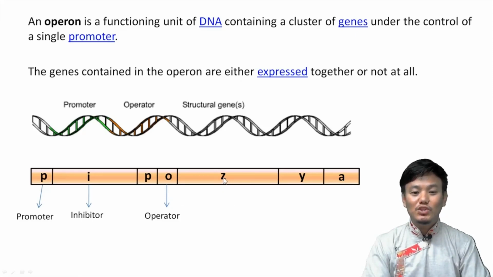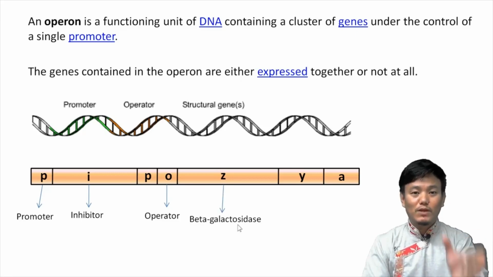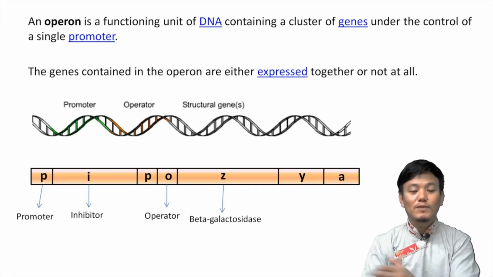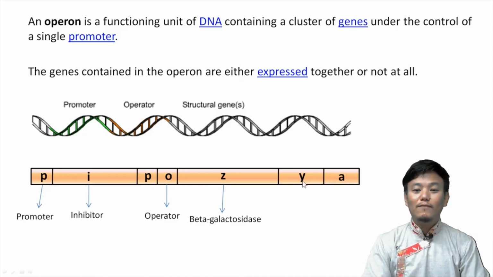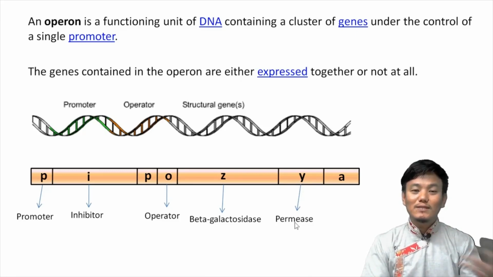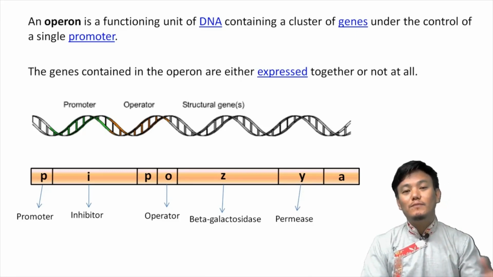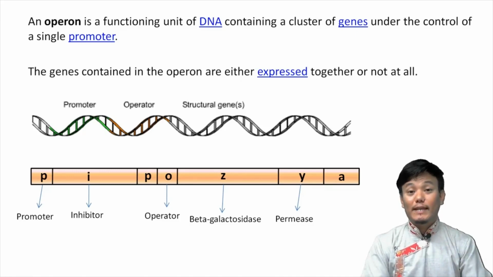The Z gene codes for beta galactosidase, the enzyme responsible for the breakdown of lactose into glucose and galactose. Then we have the Y gene, which codes for the permease enzyme. The permease enzyme increases the permeability of the bacterial cell wall and cell membrane towards beta galactosides. And we have the gene A, which codes for transacetylase.